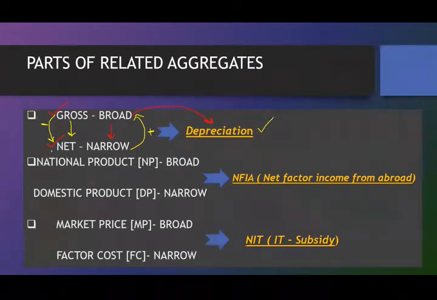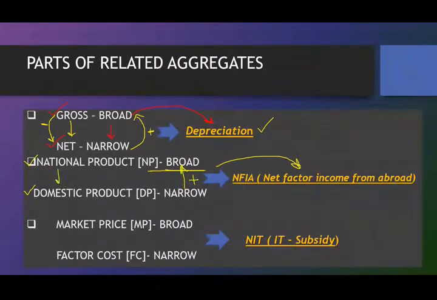Now the other part of the related aggregate we have is national product or domestic product. We need to understand which one is broad. National product includes NFIA, that's the reason national product is the broader concept. And when I say DP, this excludes NFIA. So again, if I want to move from narrow to broad, I need to add the difference, and the difference is only the NFIA.